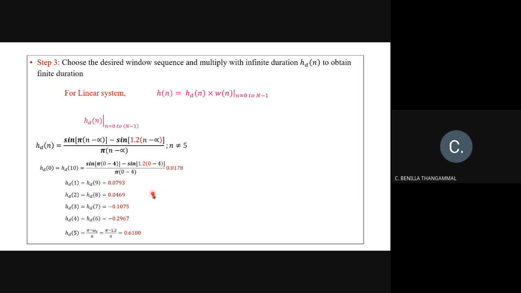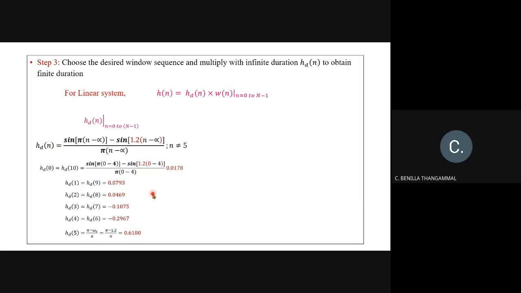Then you can go for your calculate mode. In calculate mode, enter sine of (pi into (A minus 4)) minus sine of (1 by 1.2 into (A minus 4)), divided by pi into (A minus 4).